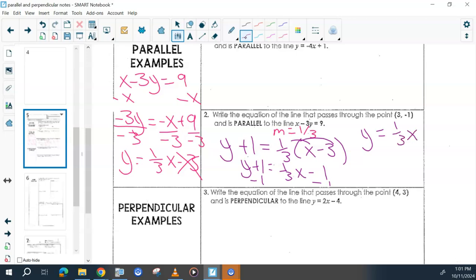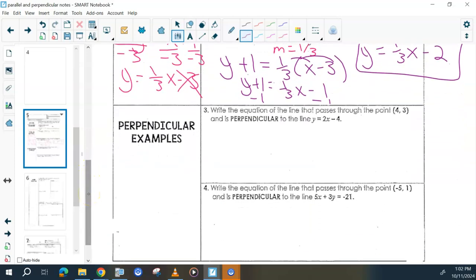Negative times minus 2. So that is parallel to the original and has a different y-intercept. Questions on that before we do number 3? Okay.